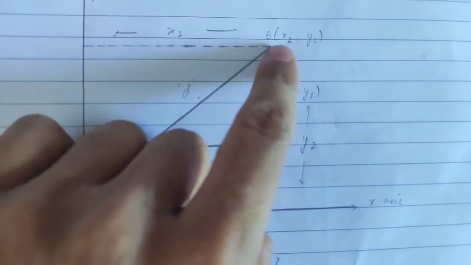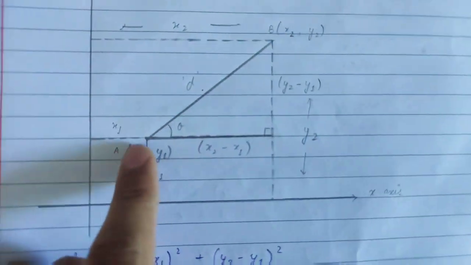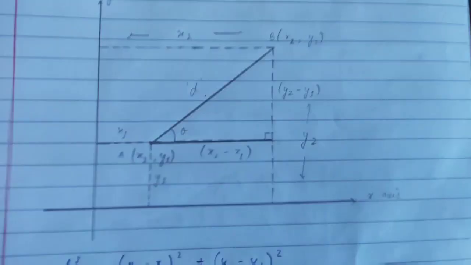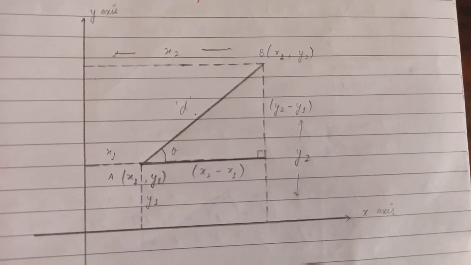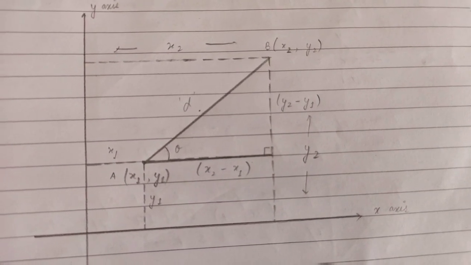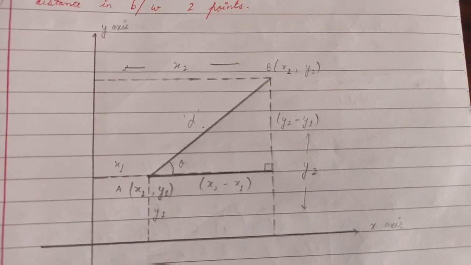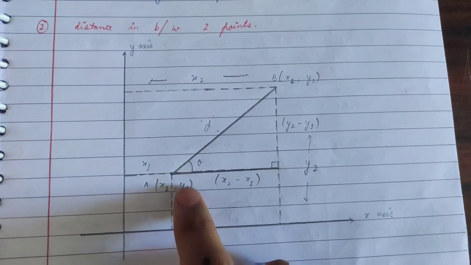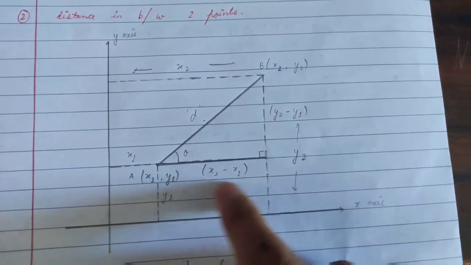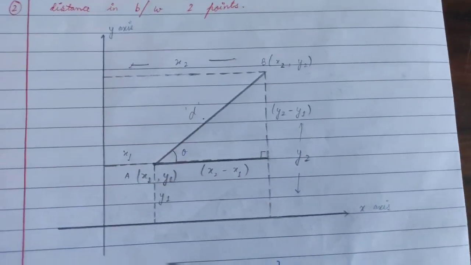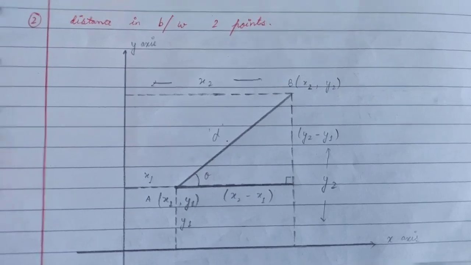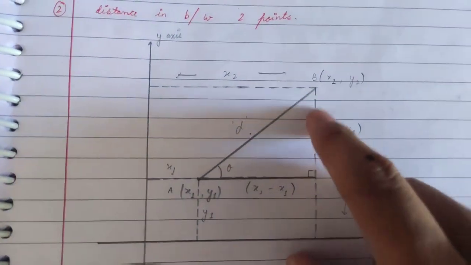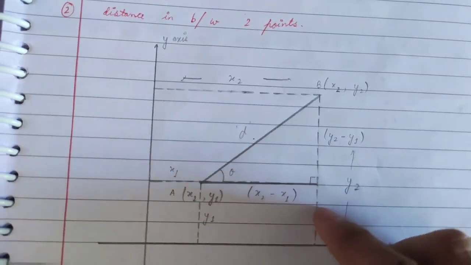There is a triangle being formed, and this is a right angle triangle. So we know that perpendicular square plus base square gives us hypotenuse square. The base will be x2 minus x1 and the height will be y2 minus y1, where this is y2 and this is y1.